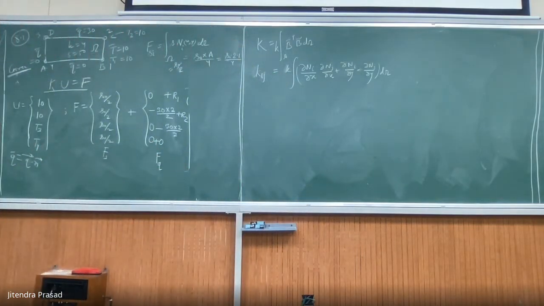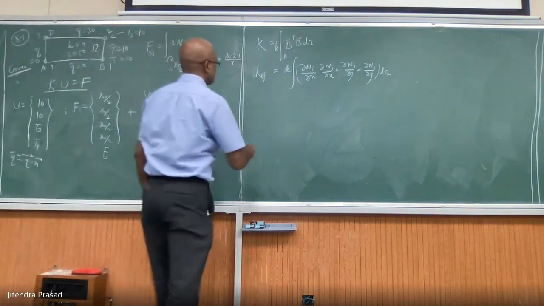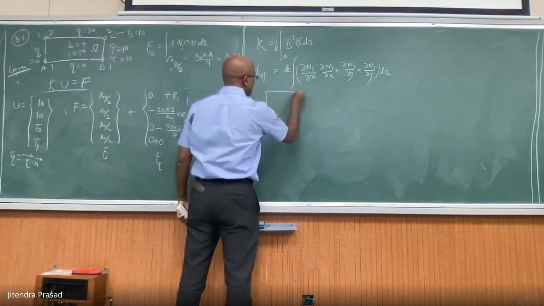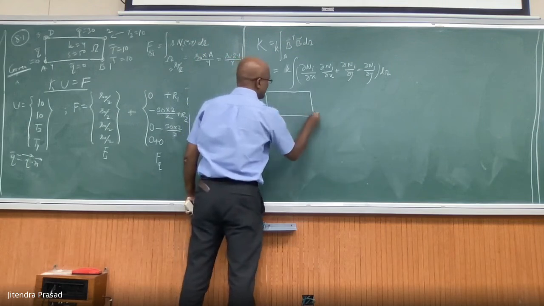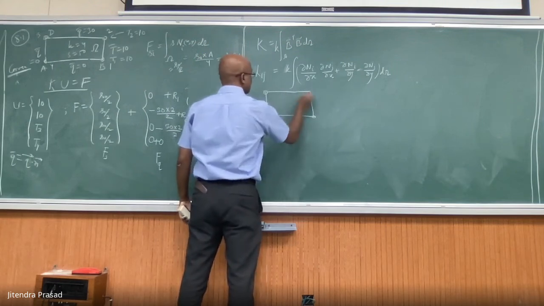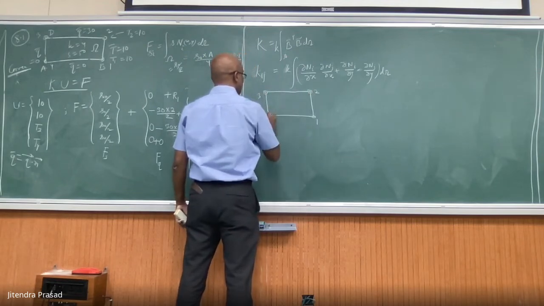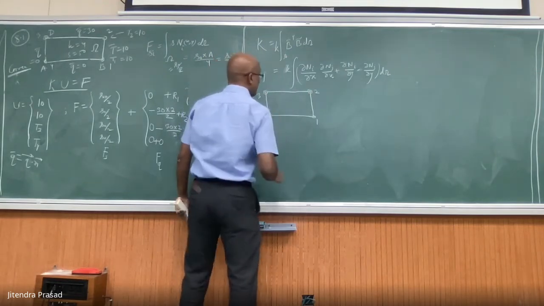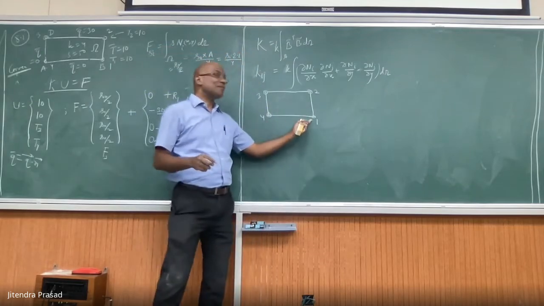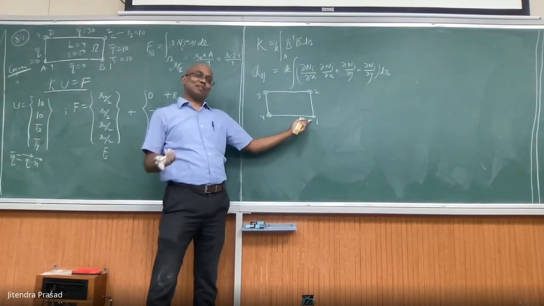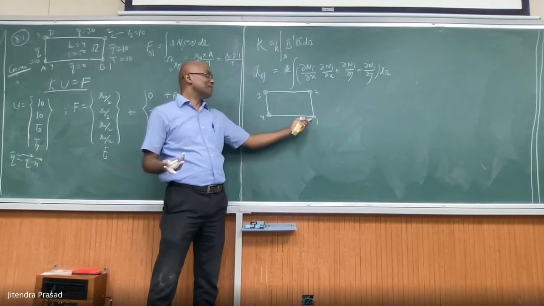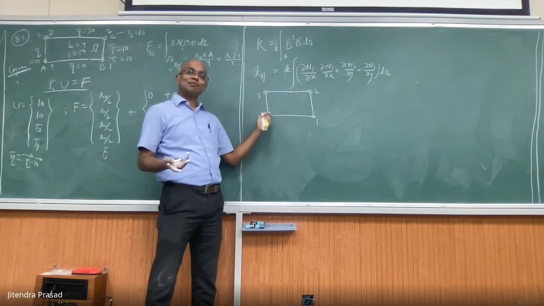Now you have to just integrate it, and as you know, N will be equal to what? This we have done already, right? So you have nodes 1, 2, 3, 4. Accordingly, N1 has to correspond to this. N1 will be this, N2 this, N3 this, N4 here.